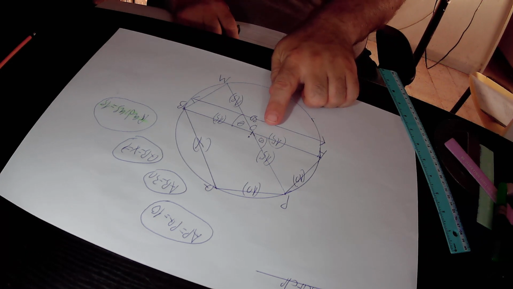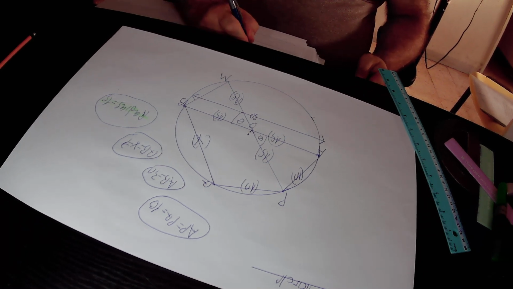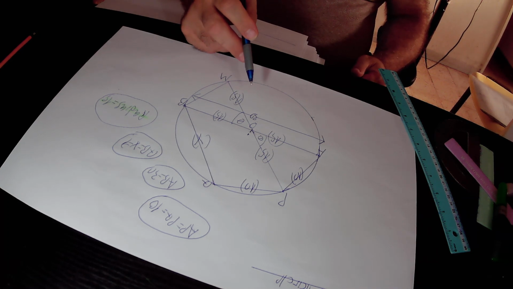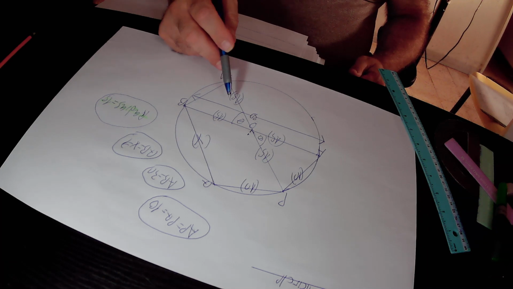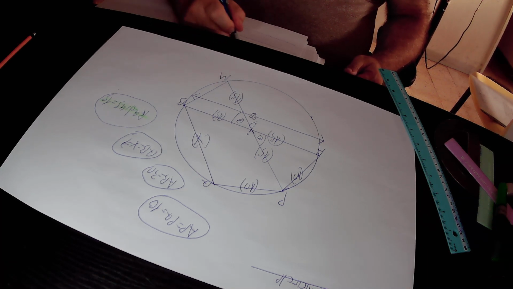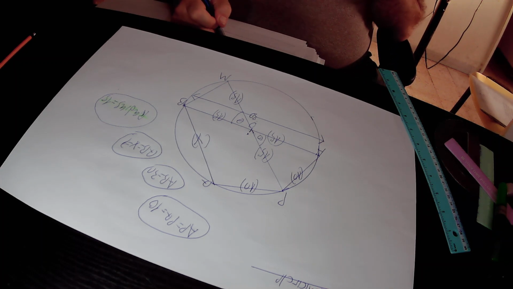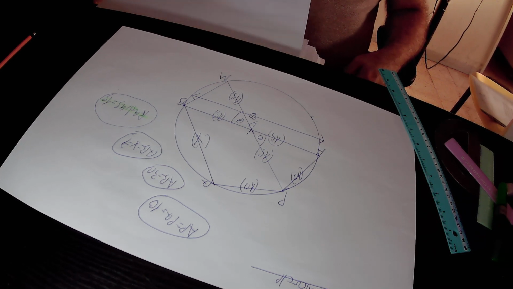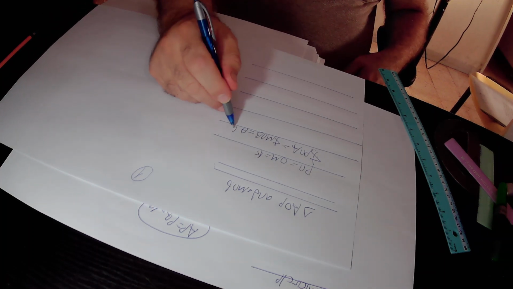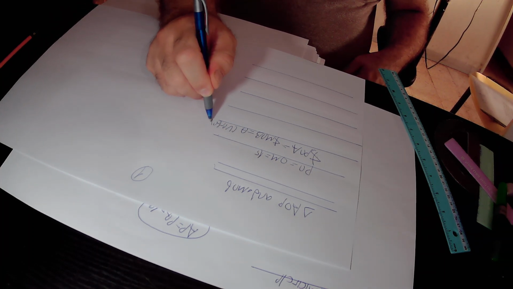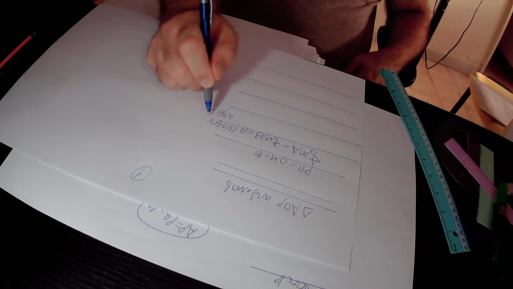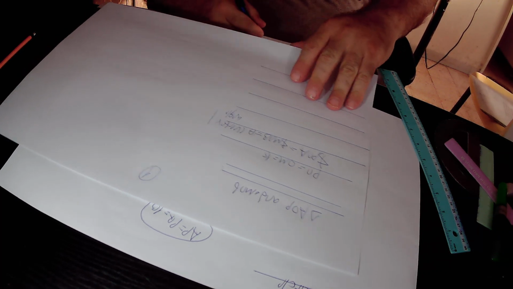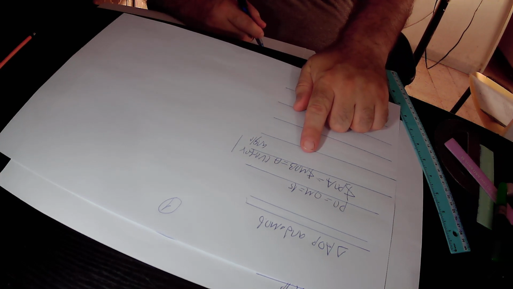So angle POA in triangle AOP is equal to angle MOB in triangle OMB.